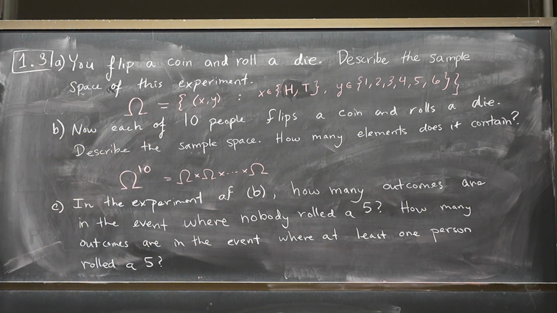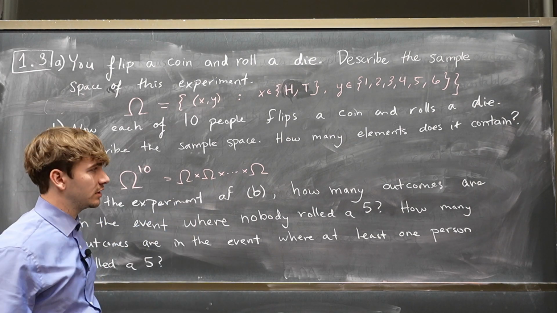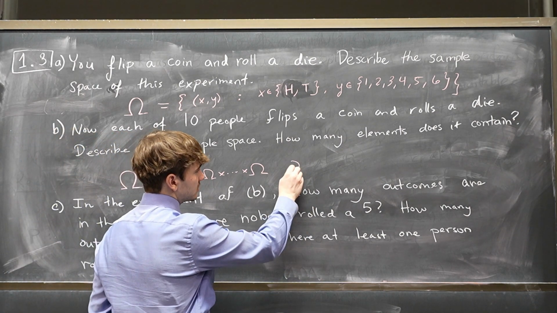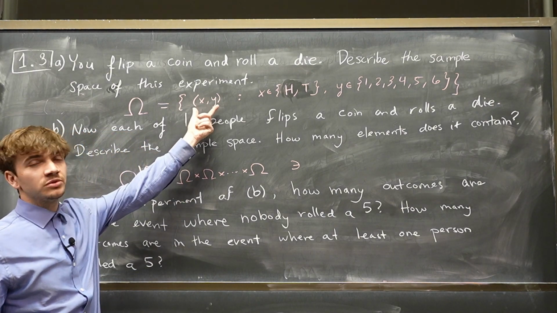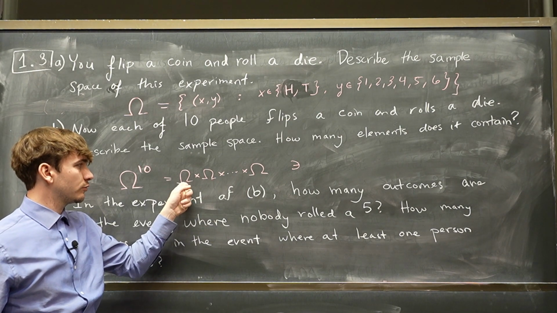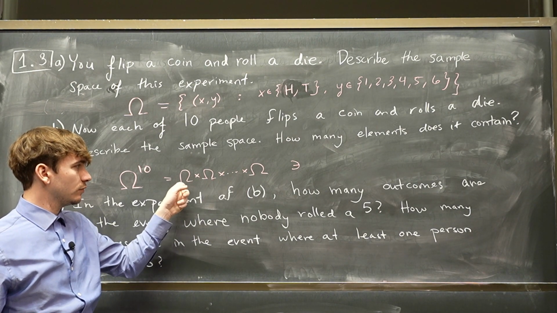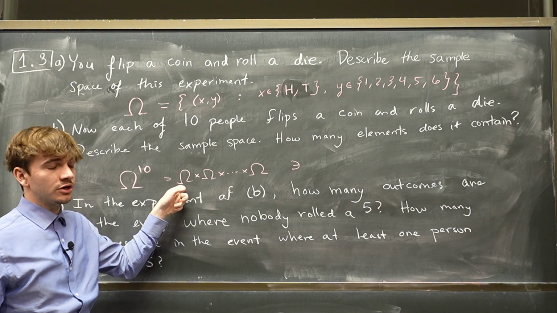Okay? So, well, what does the Cartesian product mean? Well, this is a simple example of a Cartesian product. This means that we're essentially looking at coordinate pairs where each coordinate takes a value in omega.